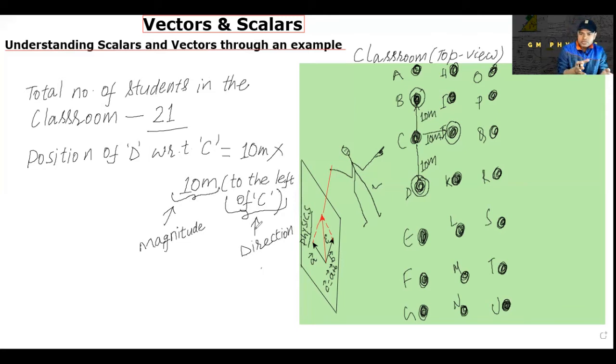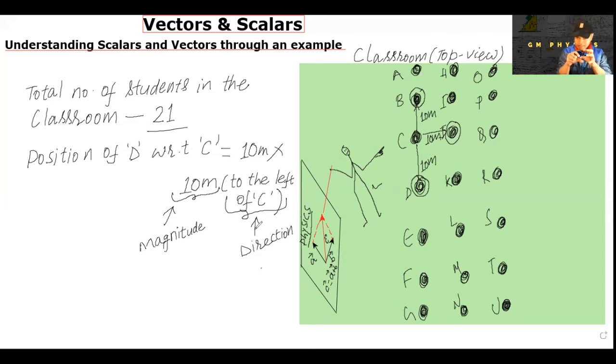It's not only the position of D with respect to C. There are so many other quantities which cannot be fully expressed just by mentioning a numerical value, a magnitude. Along with the magnitude, you'll have to specify a direction with respect to some reference.